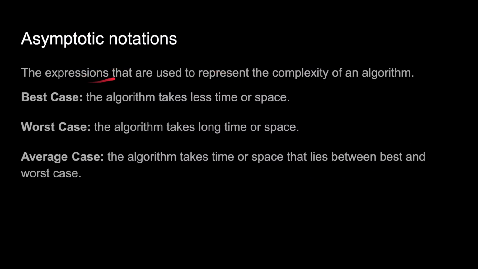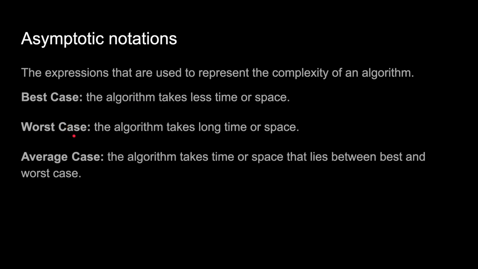Asymptotic notations are used to represent the complexity of an algorithm. There are three cases in it. The first case is the best case, the second case is the worst case, and the third case is the average case. The best case means the algorithm takes less time or space.